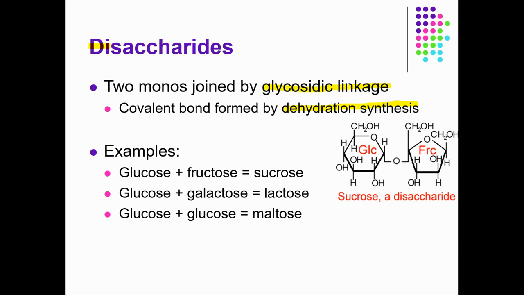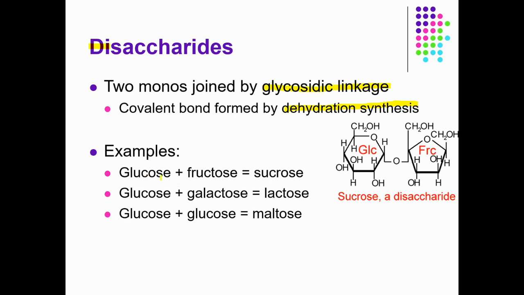This is one of the things you need to know for your essay, because one of the columns are the specific types of bonds that you will find in those macromolecules. And so it is a covalent bond, but we need to be more specific in that in carbohydrates, in your disaccharides and your polysaccharides, it's a glycosidic linkage. It's just a fancy type of covalent bond. And so that's what you're looking for in that bond column.